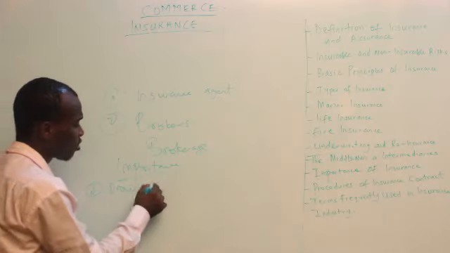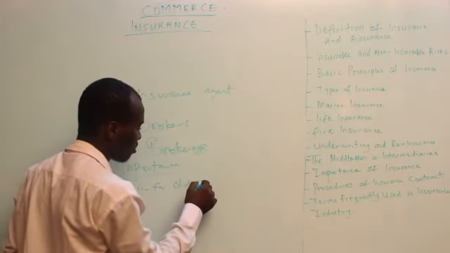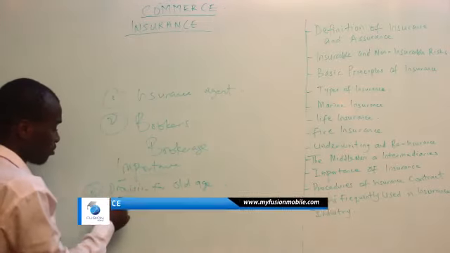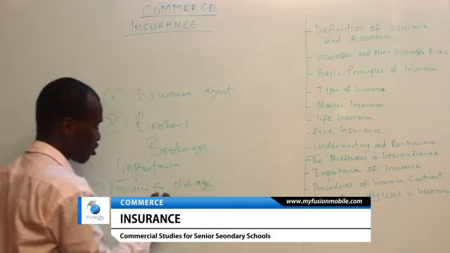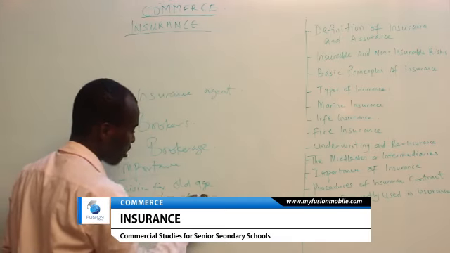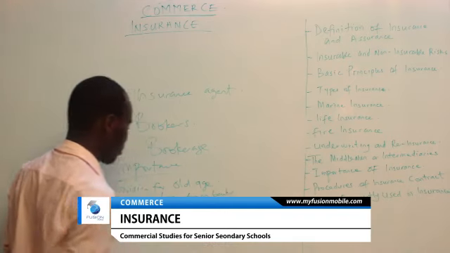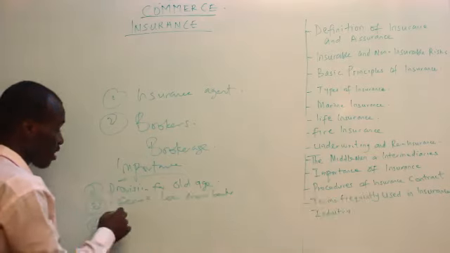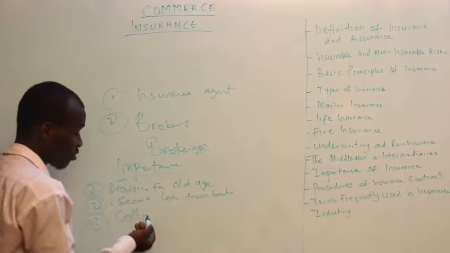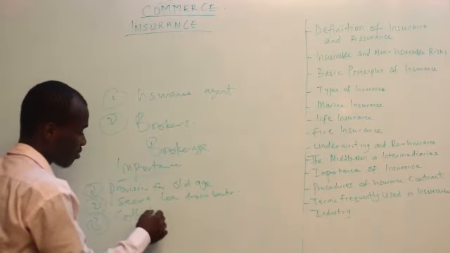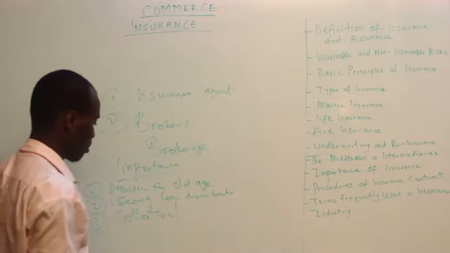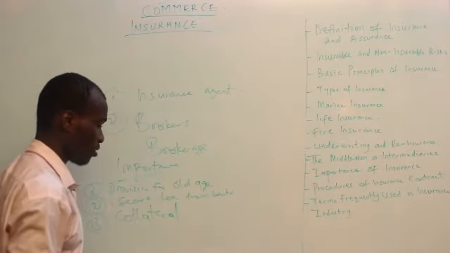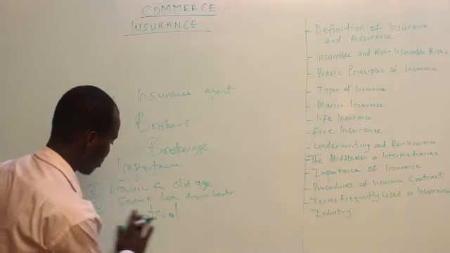Also, any insurance policy can be used to secure a loan from the bank, and any insurance policy can be used as collateral security.